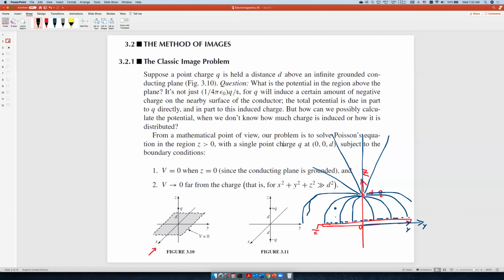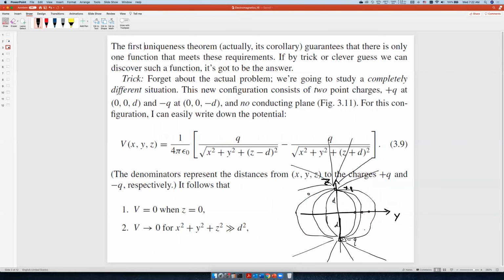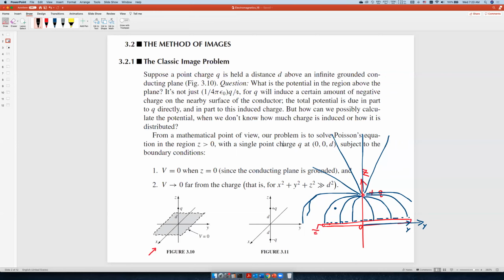And you can consider if you remove the conductor and replace it by another charge, which is shown here. This charge will generate exactly the same electric field lines or potentials in the upper plane. So this image charge is effectively equal to the induced charges on the surface.